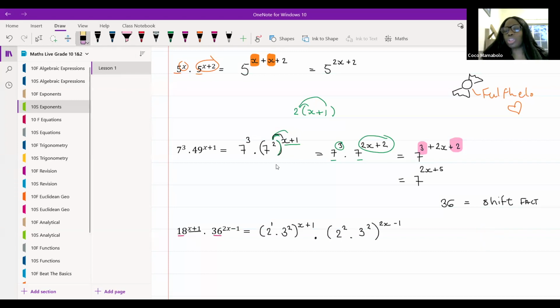All right, which means for this one over here, we're going to get 2 to the power of, now we're going to take this 1 and multiply it with the whole of x plus 1.